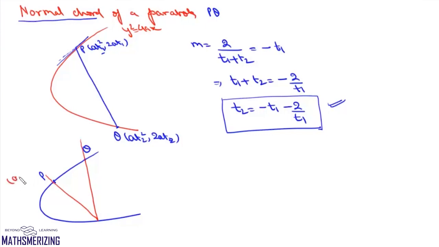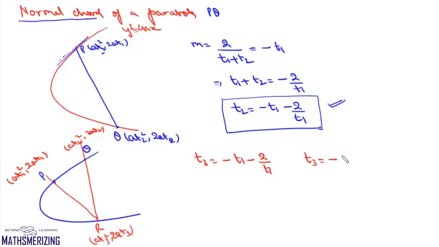Suppose P is at1 square, 2at1 and Q is at2 square, 2at2, and suppose this is point R, which is at3 square, 2at3. Now since PR is a normal chord, we know that t3 will be equal to minus t1 and minus 2 upon t1. Now this QR is also a normal chord. So again we can write t3 equals minus t2 and minus 2 upon t2.